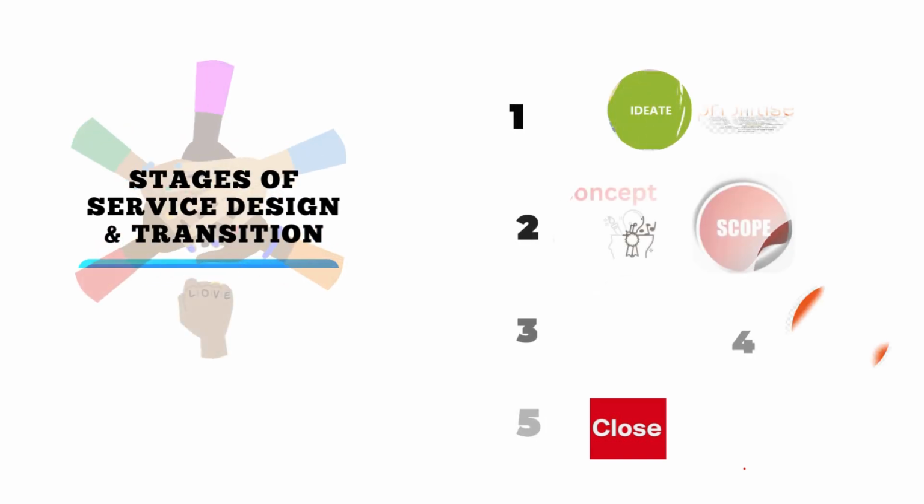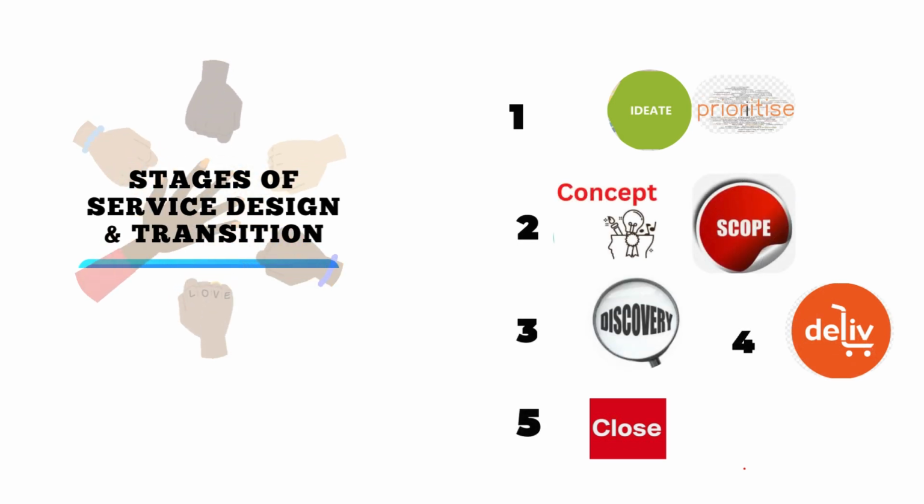Then, with the help of feedback and a handshake with the project manager and service manager, you try and close it. That is the number 5 stage. So in a nutshell, first is ideate and prioritize, second is concept and scope, third is discover, deliver is the fourth one, and close will be the number 5 stage.